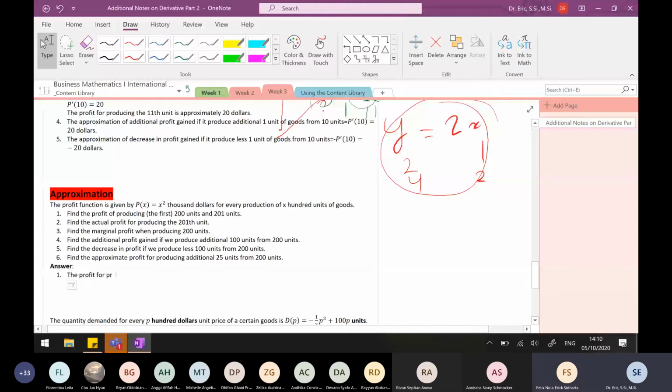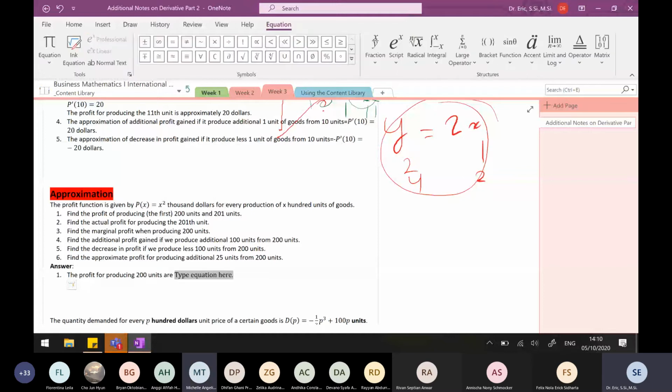What do you see for producing 200 units? Producing 200 units, x is 2, because this is 200.